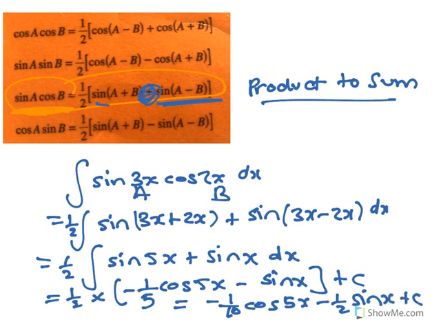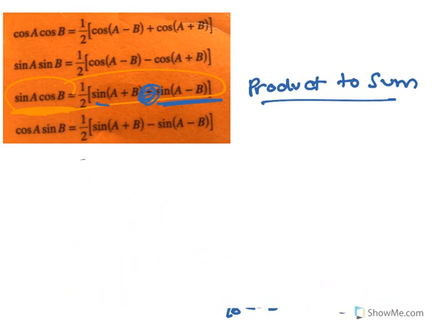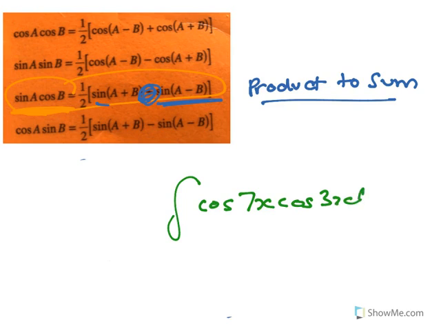Okay, so let's just look at another one. Alright, so if you had to integrate, say, cos 7x cos 3x dx. So cos cos will go to cos a minus b plus cos a plus b. And don't forget the half out the front.